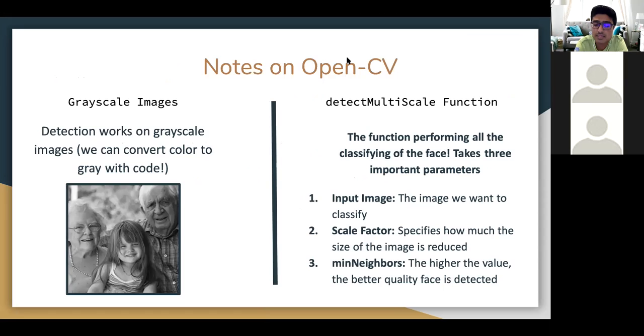And one note on this model which I want to touch on is that it only works with grayscale images. I will show in a couple of moments that, say we have an image filled with color, right? I'm outside, I take a picture, and I want to classify where my face is. Well, sure, we can input that image when we are trying to detect our face. However, when we use this OpenCV library, our goal is going to be to convert that color image with red, green, blue RGB colors into a grayscale image.